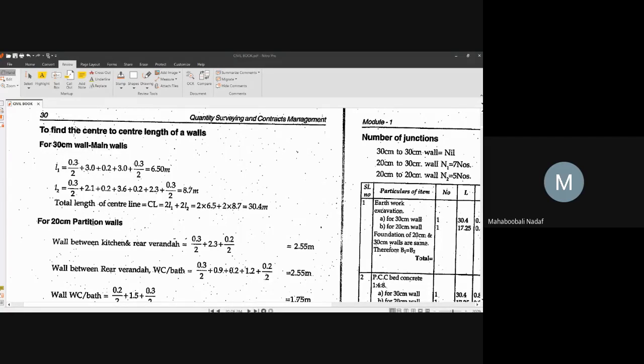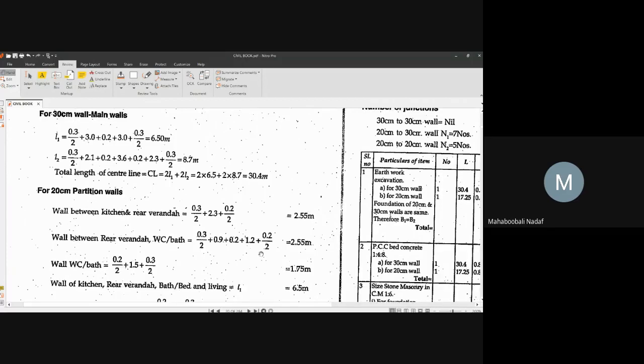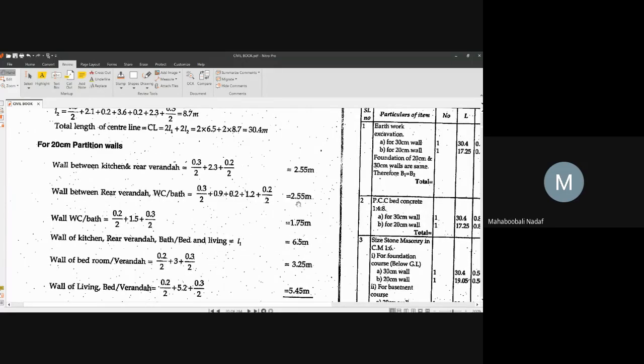Sandesh, Sanju, only the 20 centimeter wall addition. Simple, no? Only adding these numbers.